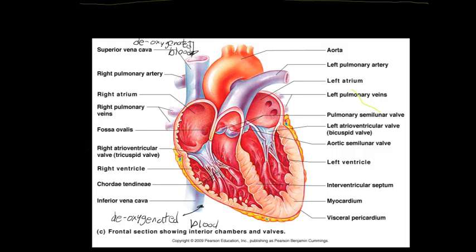So it flows through the tricuspid valve, and this valve can either be open or closed.